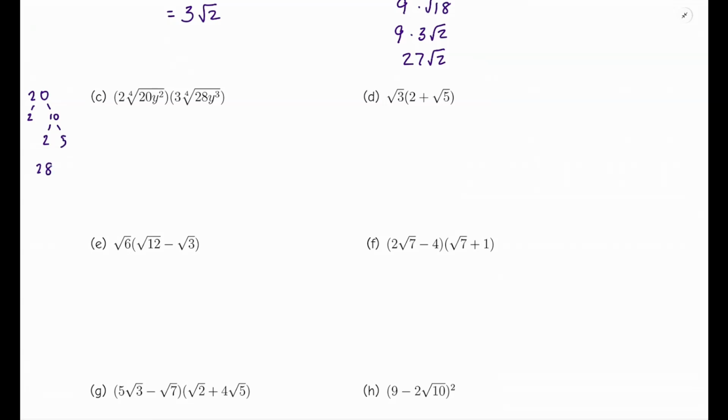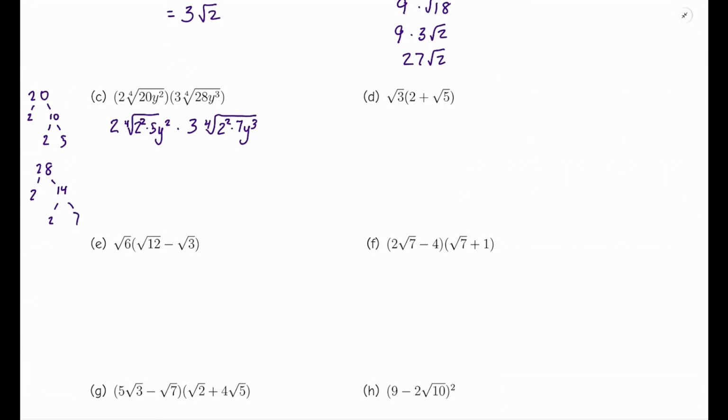So this becomes 2 fourth root of 2 squared times 5y squared times 3 fourth root of 2 squared times 7y cubed.